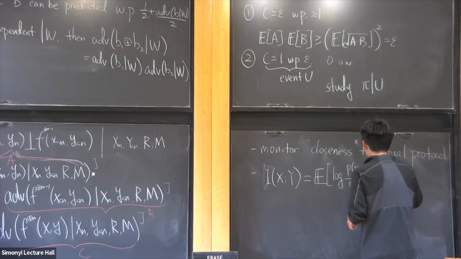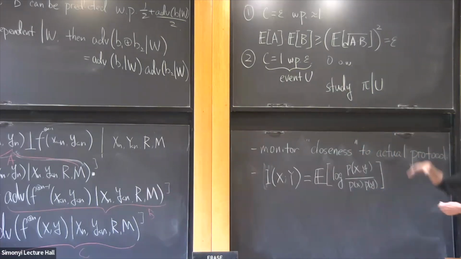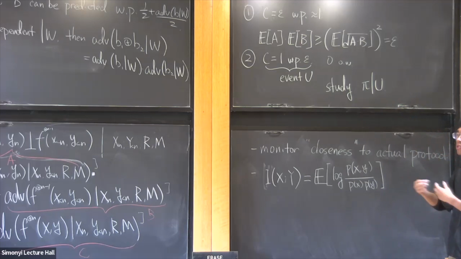Because this is an expectation, if we condition on some small probability event, this may increase the cost by a lot. If the event has probability p, it may increase this expectation by at least 1/p, for example. But this is not acceptable because we don't want to lose some multiplicative factor each time.